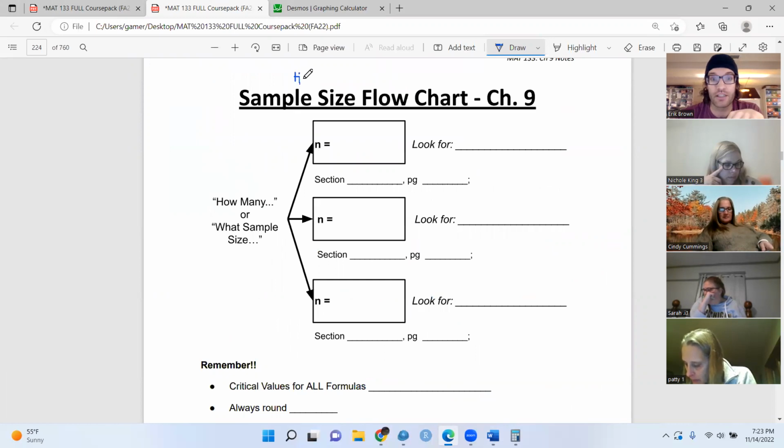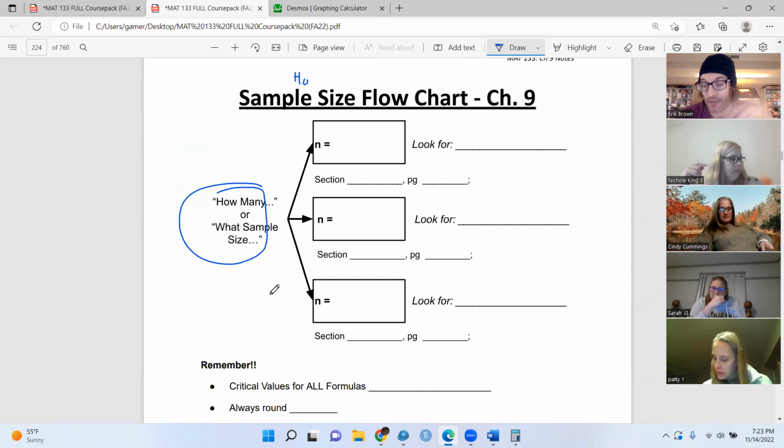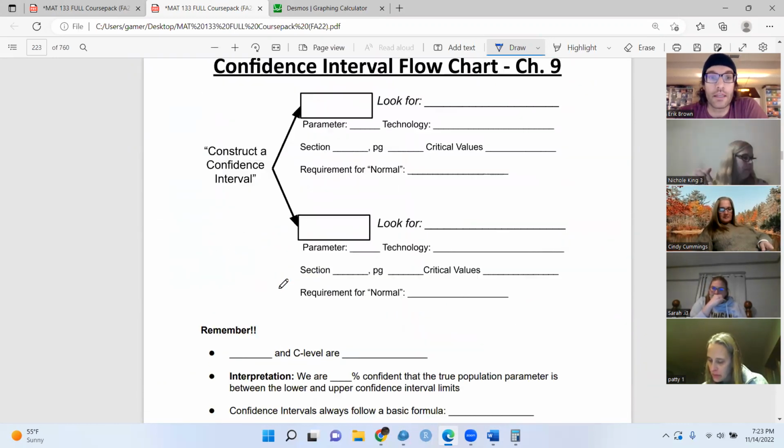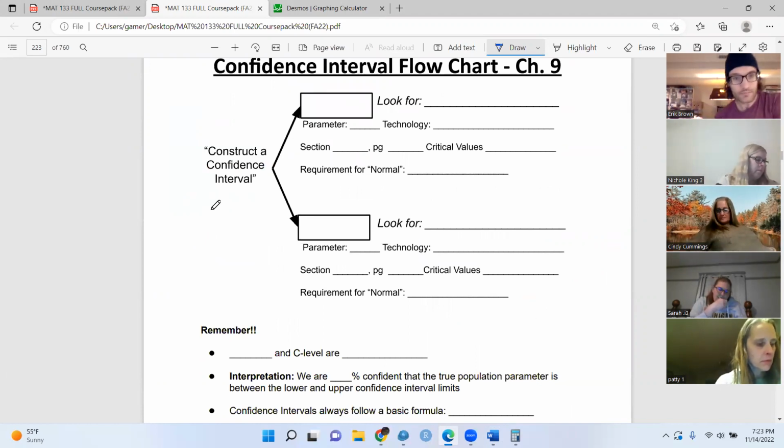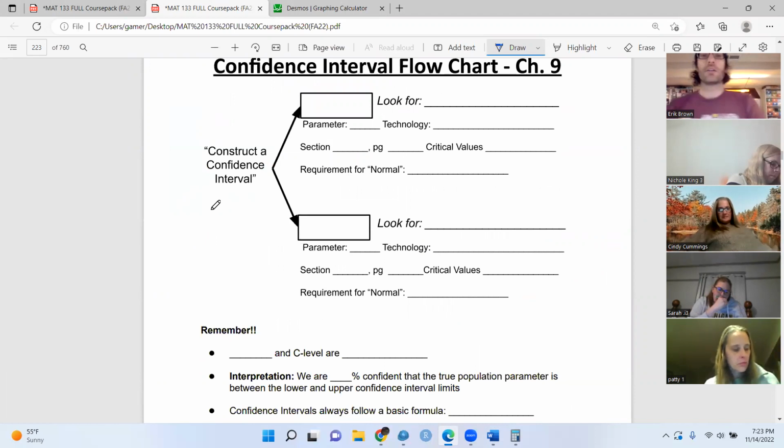Remember, sample size is right here: how many, or what sample size, or estimate. And the confidence interval is almost always a command. Construct this. Sounds very powerful. So if we flip the order, then you pick the correct flow chart.